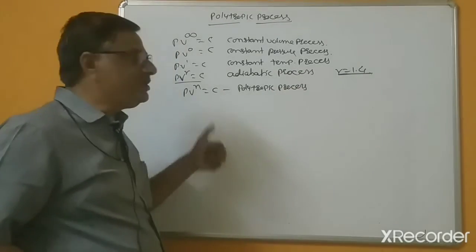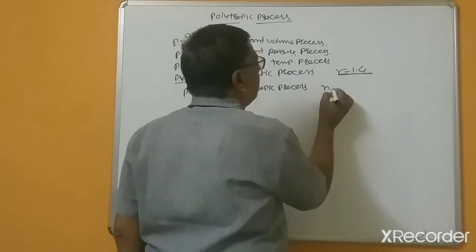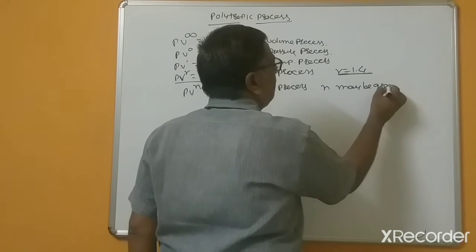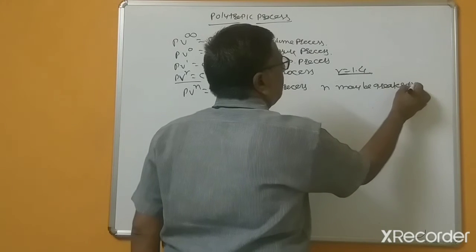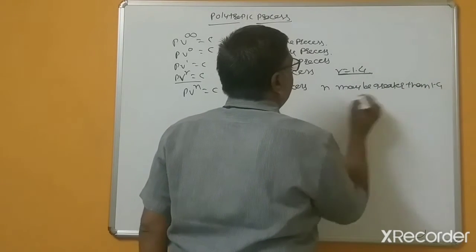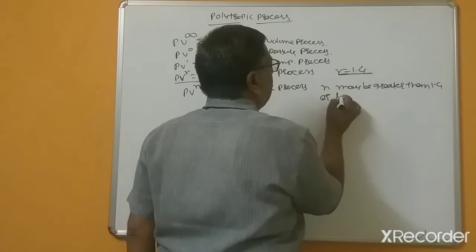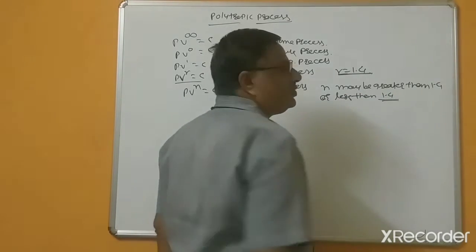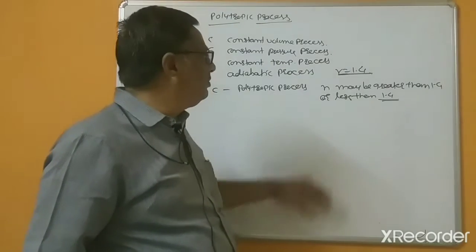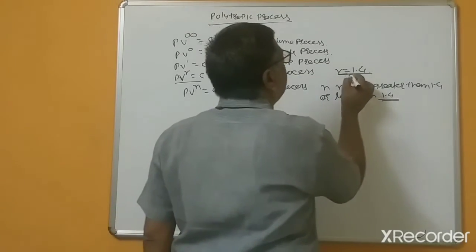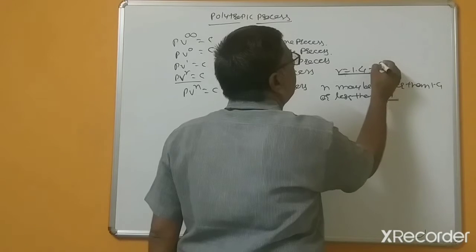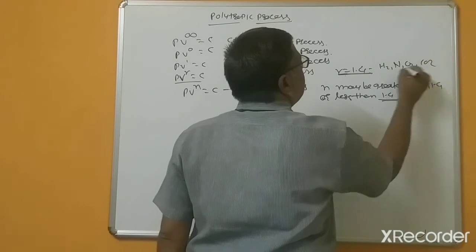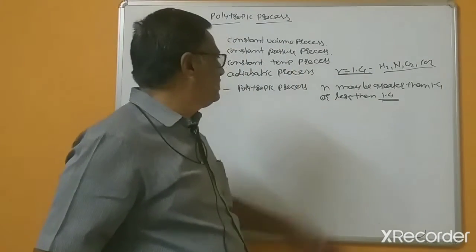The value of n may be greater than 1.4 or less than 1.4, depending on which type of gas. Gamma equal to 1.4 is applicable for pure hydrogen, nitrogen, oxygen and CO2 gases.